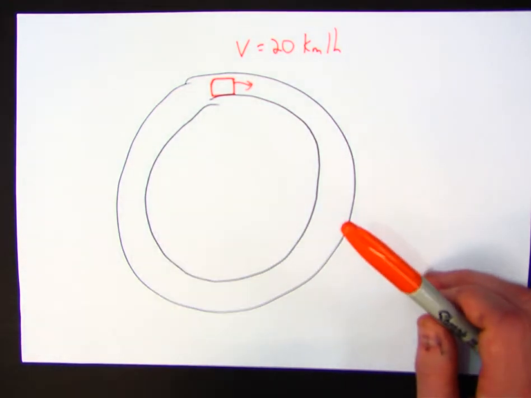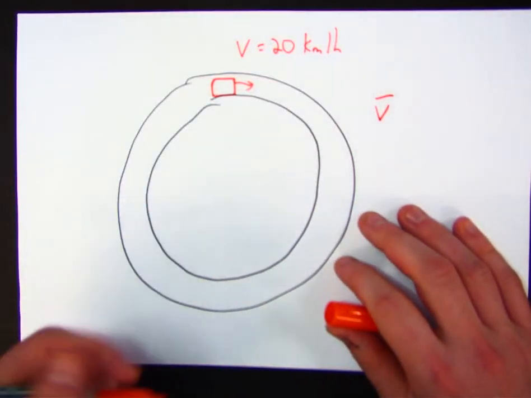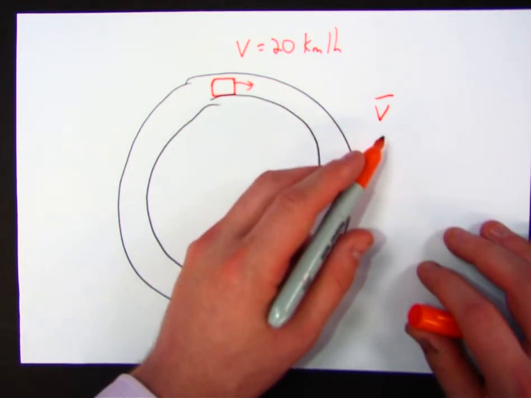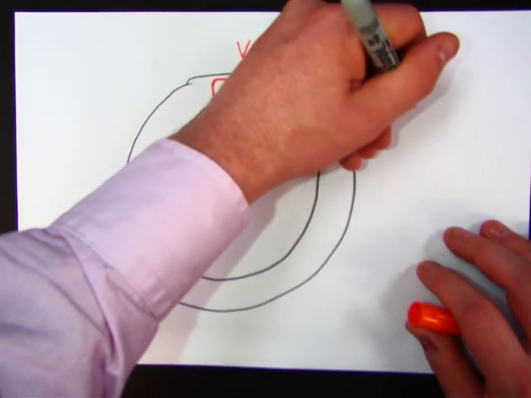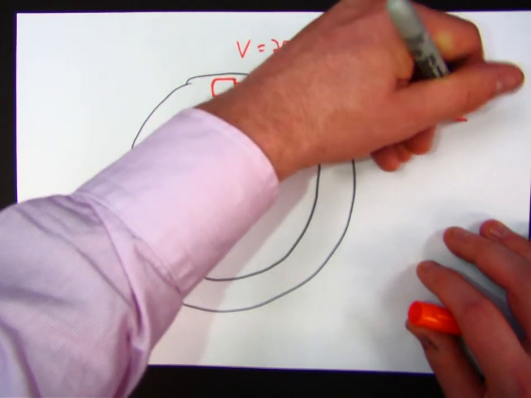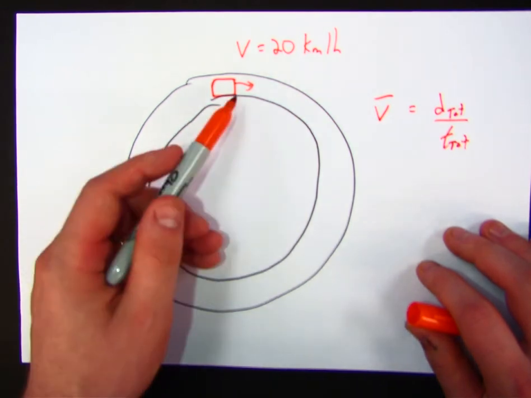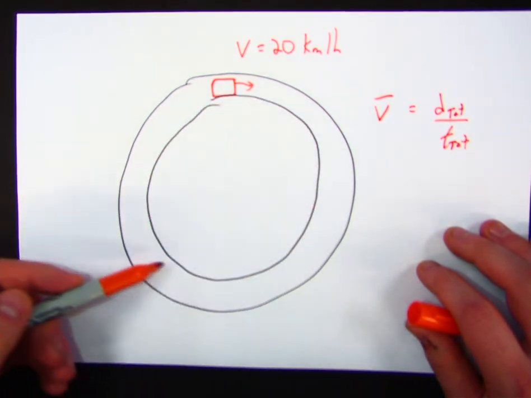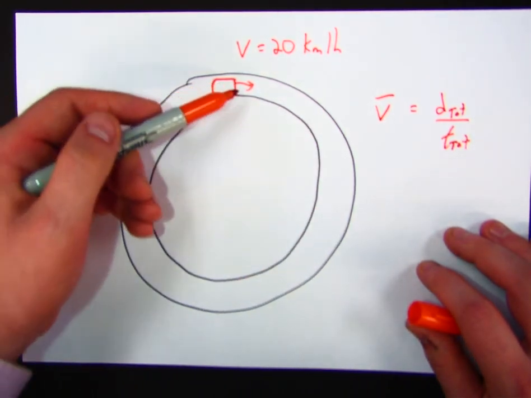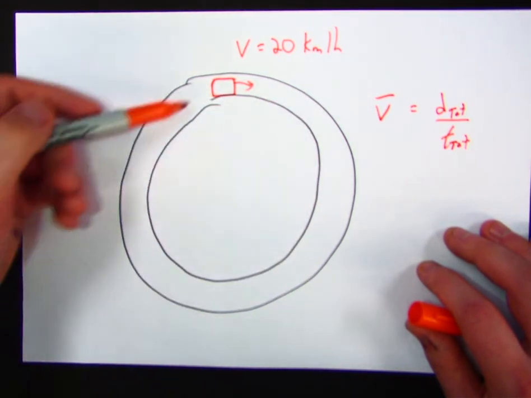Average is a little bit different. If I'm going to calculate the average, I'll represent that with a bar. If I'm going to calculate the average speed, I would need to find the total distance over the total time. In other words, I would take the circumference of this if I want to find the average speed when I'm going around once. How far did it travel, divided by how much time it took.